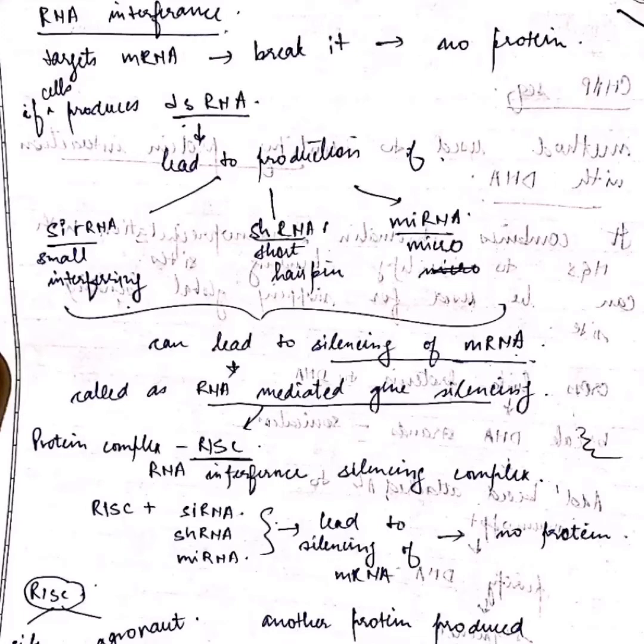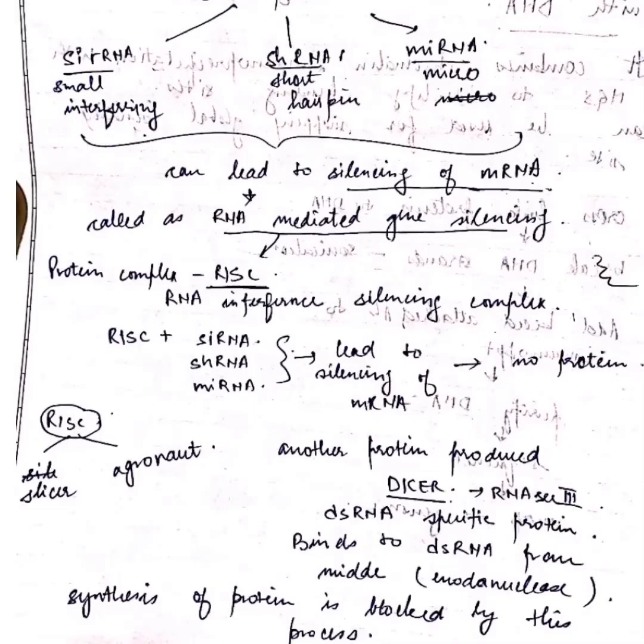Like, the target mRNA breaks into no protein if the cell produces double-stranded RNA, and that leads to the production of single-stranded RNA, short RNA, and miRNA, that is microRNA. And this leads to silencing of mRNA, which is called RNA-mediated gene silencing.